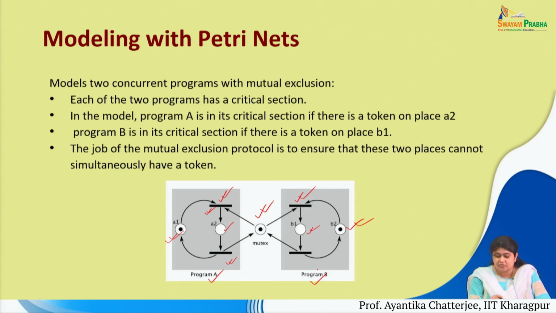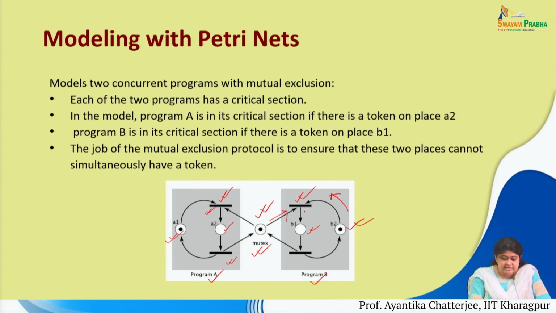Now, observe, when A2 has the token, it enables this transition, and now the mutex place will have another output token. Once this token is present here, it can act as the input, and together with the token in B2, program B can enter the mutual exclusion.